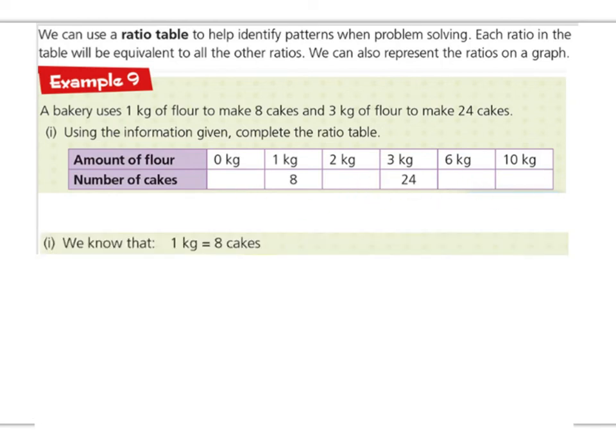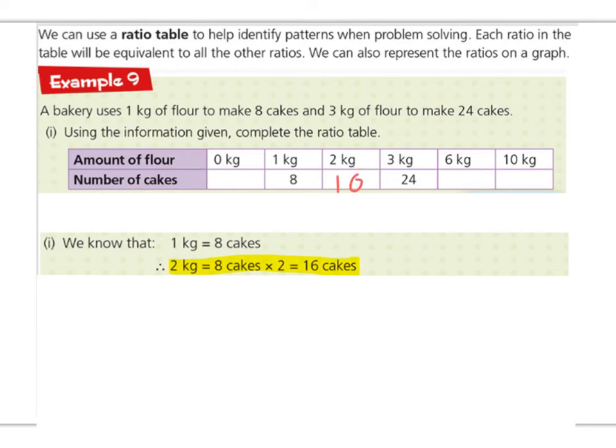So we know that 1 kilogram equals 8 cakes. That was given in the question. So 2 kilograms must be 8 times 2, which is 16 cakes. So 16 must go in this box here. We know from the question 3 kilograms gives us 24 cakes, but we can see the pattern. 3 kilograms is going to be 8 times 3, which is 24.